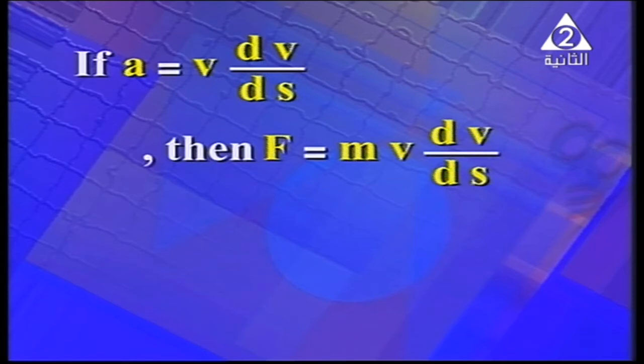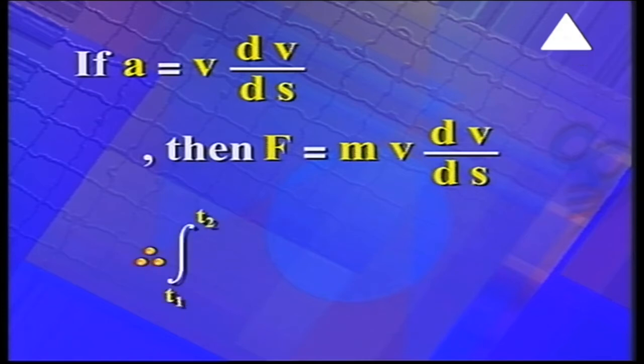Then by substitution into the equation F equals ma, the equation is F equals m v dv over ds. Remember, dear student, dv over ds, what do we mean? We find the differentiation of the velocity with respect to the distance or displacement.